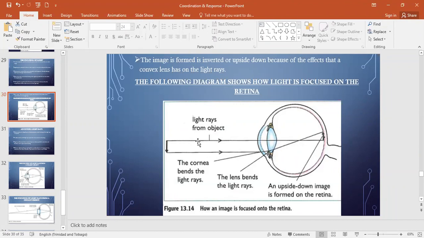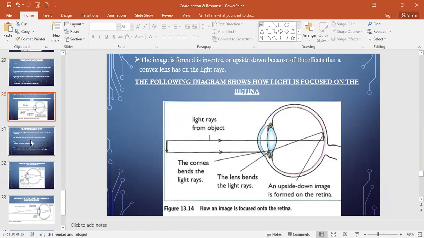The light rays enter straight, and then your lens and your cornea will bend the light rays ever so slightly so that it reaches the retina where the fovea is. At this point is where the image would be formed upside down. And when the image reaches here, an electrical impulse is generated along the optic nerve and goes to your brain in order for it to be interpreted. All right, and this is what happens when light rays come from a distant object.